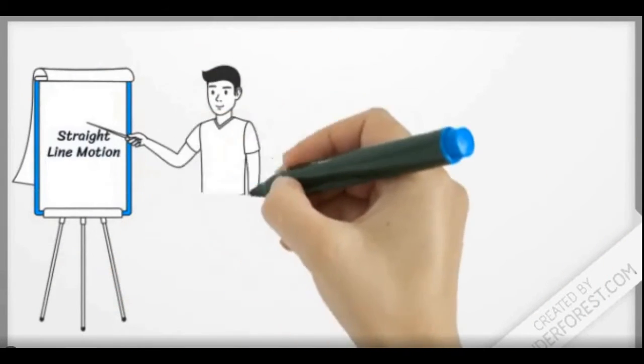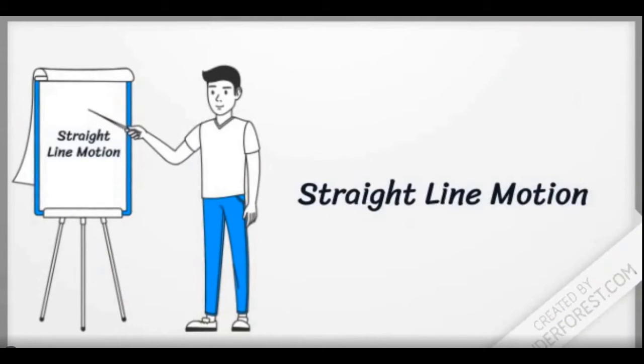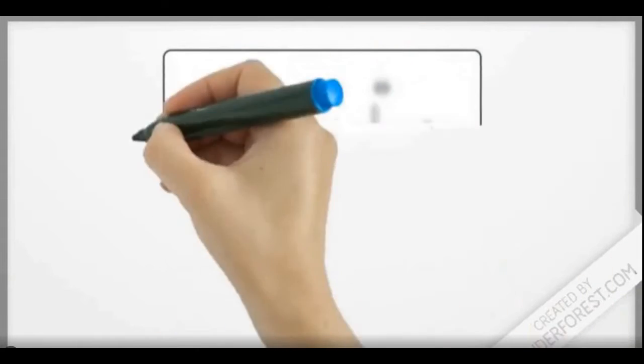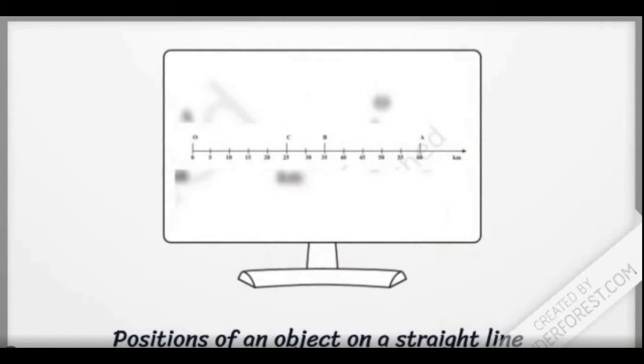Now let us see what is straight line motion, or motion along a straight line. For making it easier, let us do it by taking an example. Let A, B, C represent the position of the object at different instants.